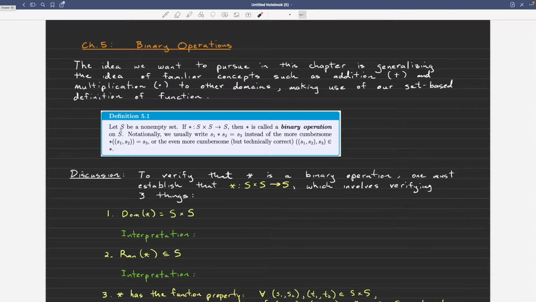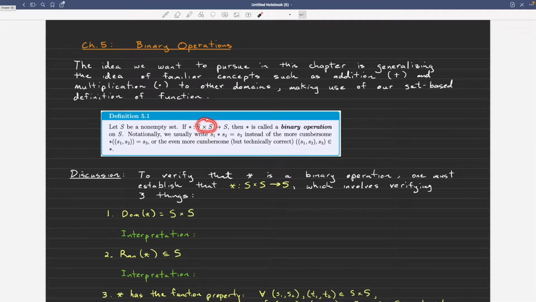So first of all, let's have a set from which our numbers or elements come. So S is a non-empty set. And a binary operation on S is then a function from S cross S to S. So notice that in this definition, the input values would come from S cross S. So technically speaking, the input values are ordered pairs, but really we're just thinking we've got two elements, right?